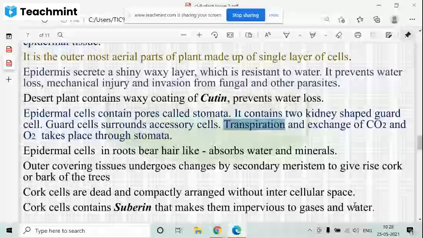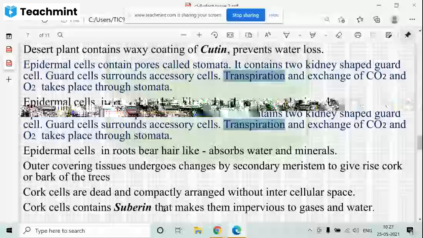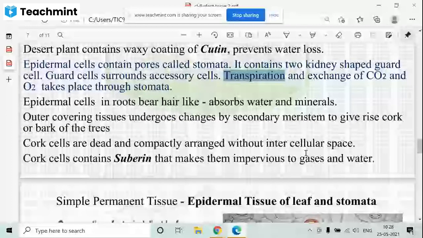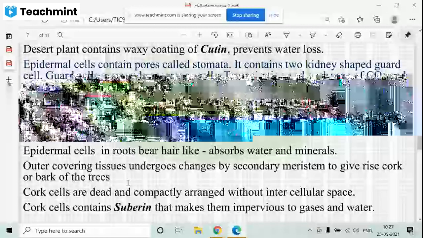This is called hard bark or cork cell. Now, I have a diagram, I'll show you. The cork cells are dead and compactly arranged without intercellular space. Cork cells contain a chemical called suberin. Now this makes it impervious to gas and water, it does not allow gases and water to move in and out.